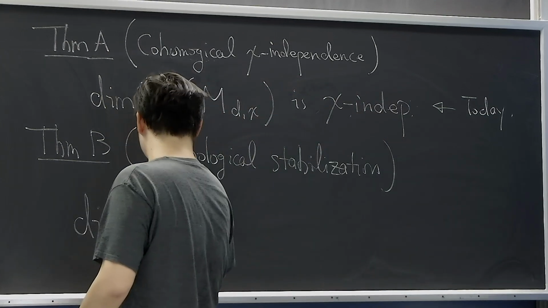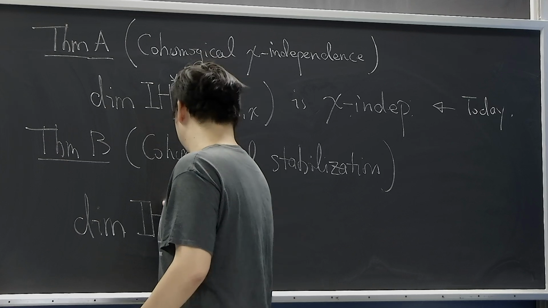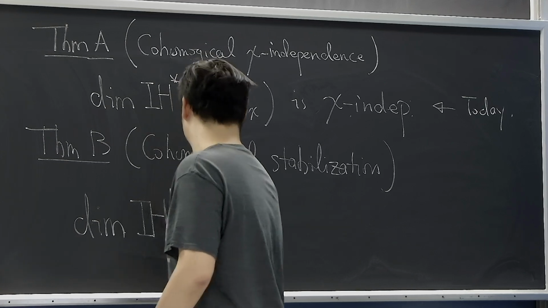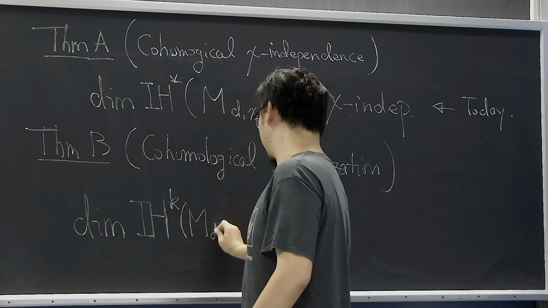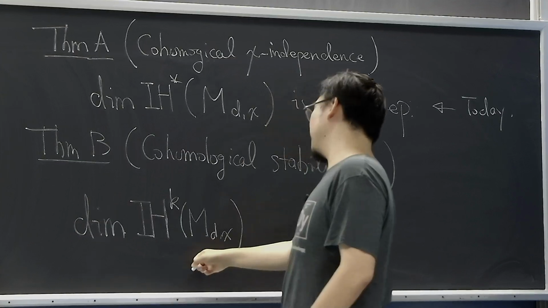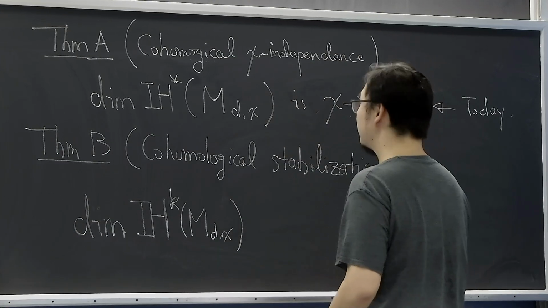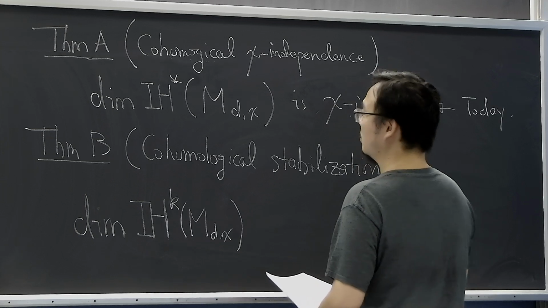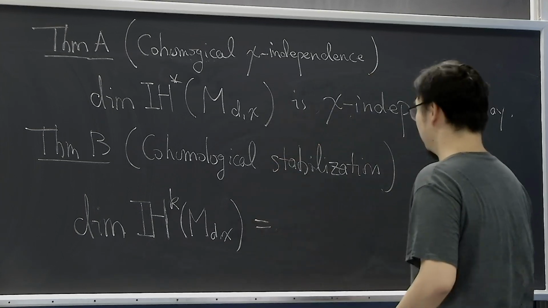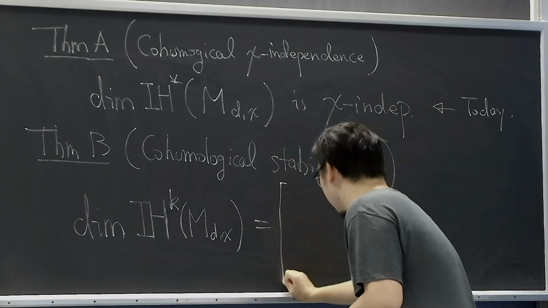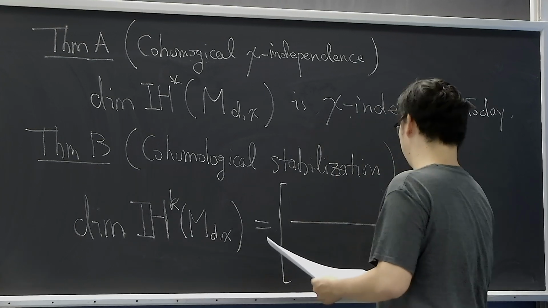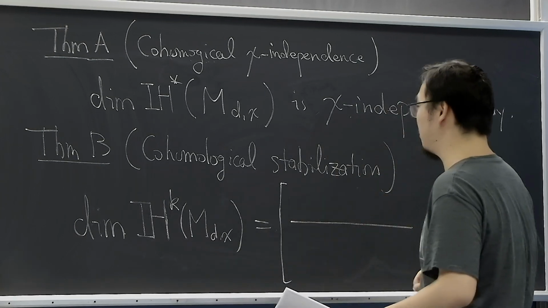It says that the dimension of this group, the intersection cohomology of M_{d,chi}, which is a Q-vector space, is equal to, I'll give you a very precise formula.